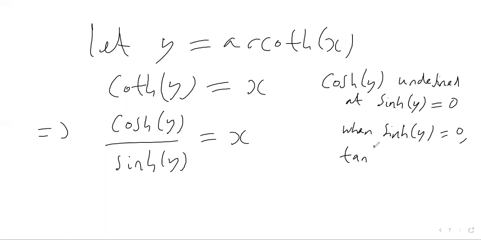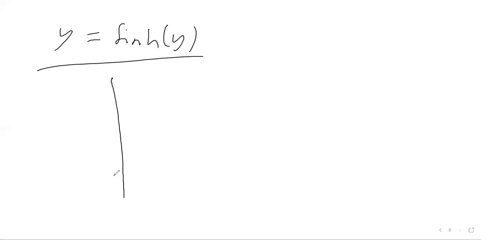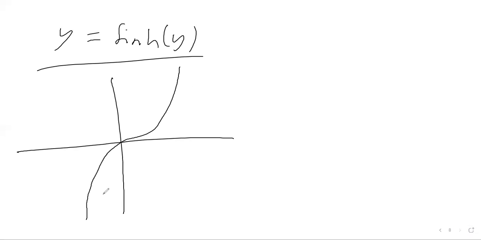And we can actually just see that by sketching the graphs of the two functions. So if I go to another page, if you sketch a graph of y equals sinh of y, sorry, let me do that a little bit neater, so sinh of y. So when you sketch that graph, you get something like this. Something like that, and something like that.